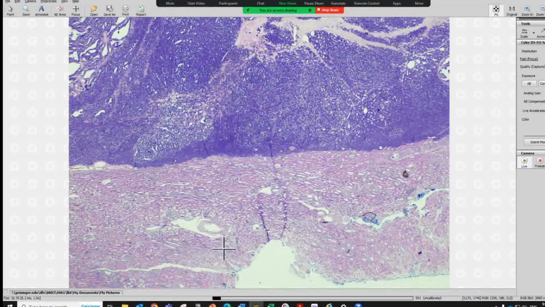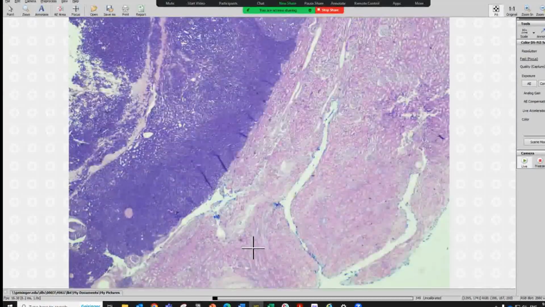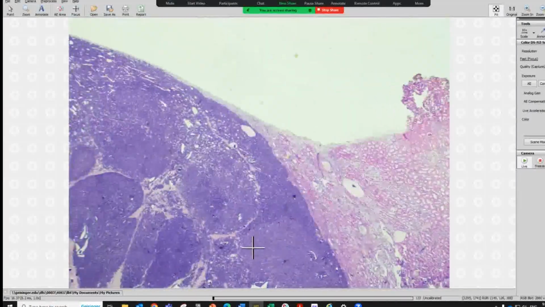Normally, a glomerulus will occupy 25% of your 40x high power field. If it is less than that, it is probably from a kid or baby. Here, I tried 40x, and the glomerulus occupies 25% of the screen, so we know this is from an adult. Then we go around the tumor.